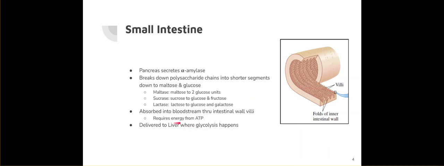And this does require, remember we said transport of nutrients through the body requires energy. So it does require energy from your ATPs to move those nutrients that it's broken down into your bloodstream. These things get delivered to the liver where glycolysis happens.